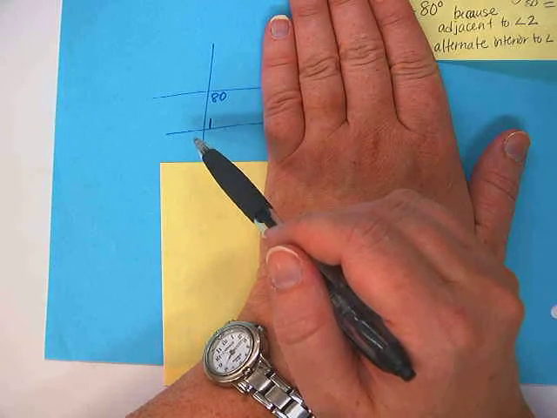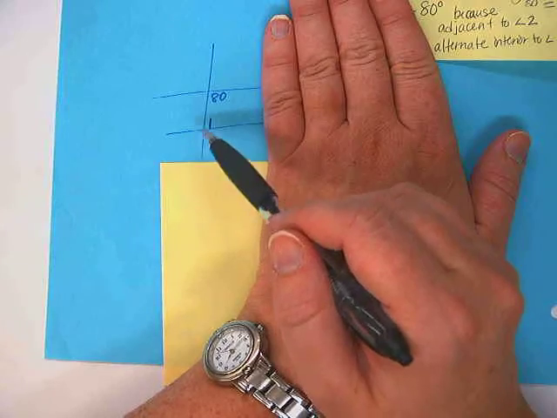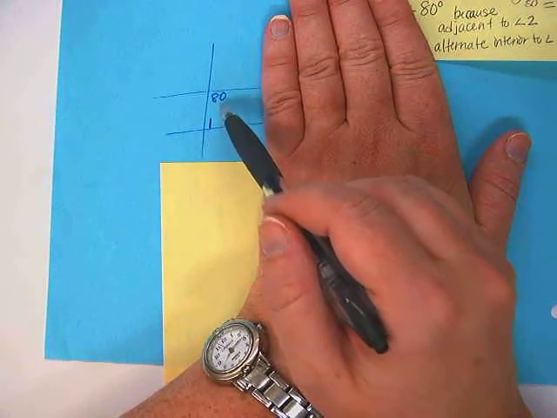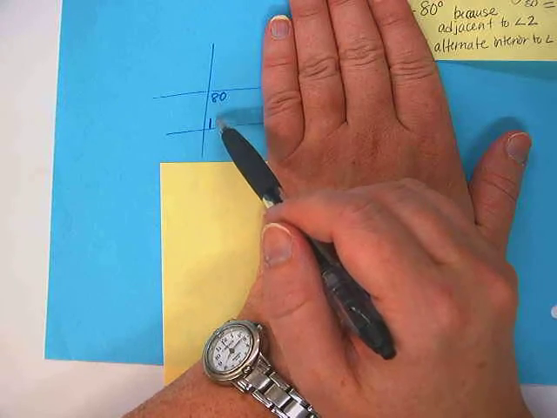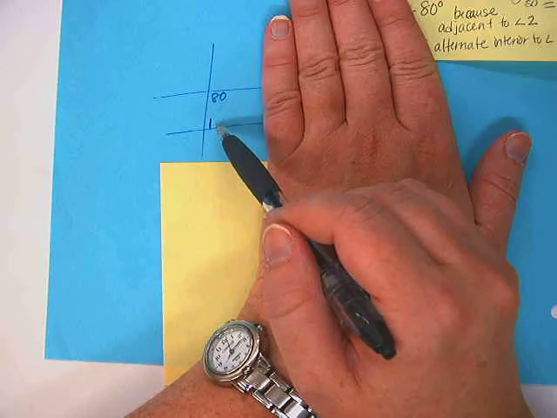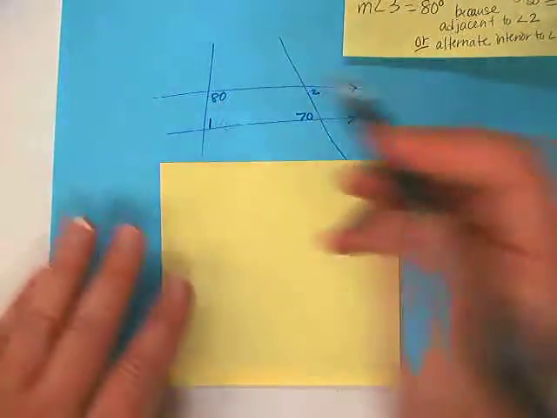Same side interior. If the lines are parallel, which they are, how are same side interior angles related? Are they congruent or supplementary? They are supplementary. What does supplementary mean again? They add up to 180.